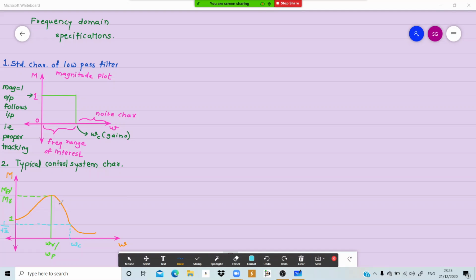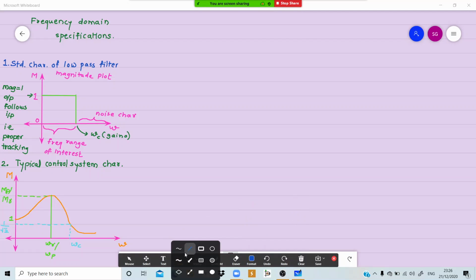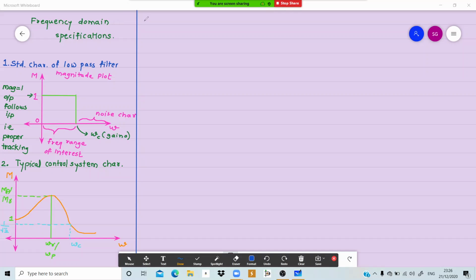Then the second thing, I'll write instead of just saying. We are talking about the characteristics. I tried to explain the characteristics, and I'll write them also, so it will be easy for you to remember. Number one, omega r, or omega p. Some books use omega p, some books use omega r. This is the resonant frequency, or it is also called the peak frequency.